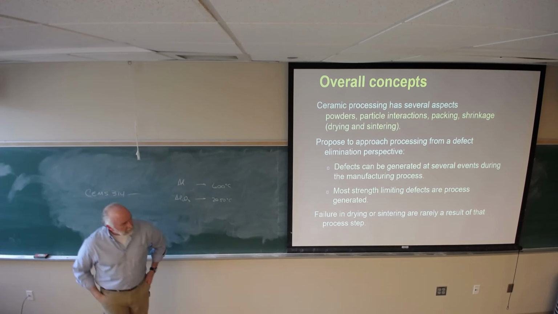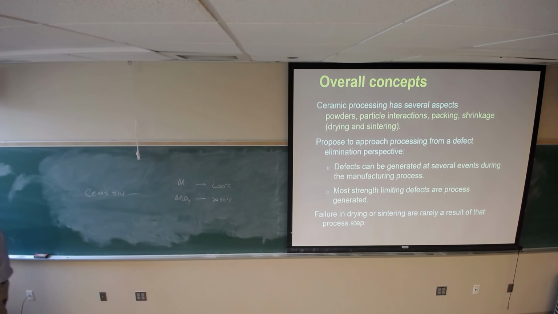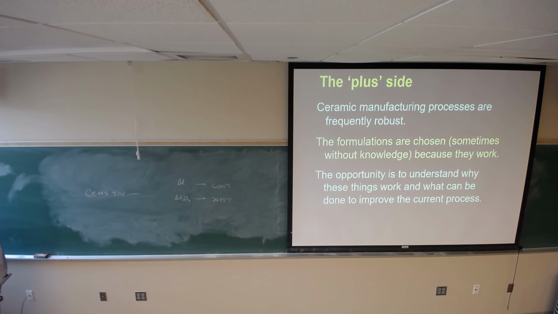Failure on sintering or drying is usually a result of the process step. So in general, here's the plus side. Ceramic manufacturing processes are interesting in that they essentially identify a composition or a system that works within their process.